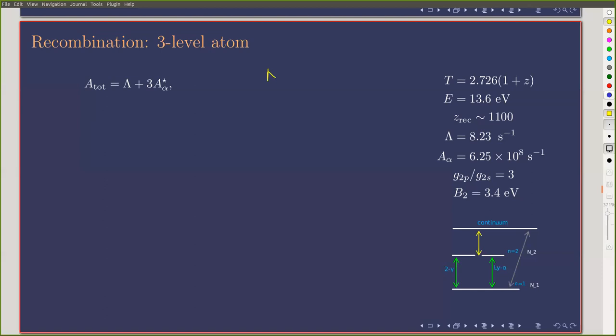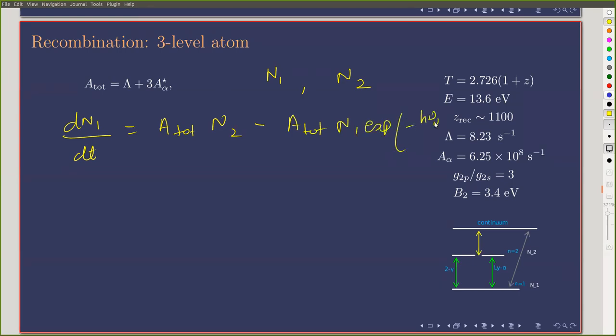So if the number of atoms in ground state is n1 and the total number of atoms in the excited state is n2, then we have, as a function of time, the rate of number which are moving in the first excited state is basically this total rate times the number of atoms in the first excited state, minus, and this is the energy difference between these two states.